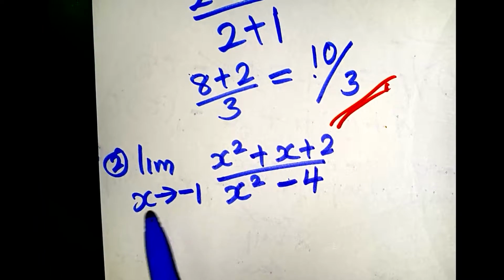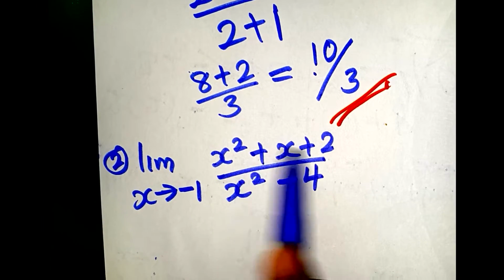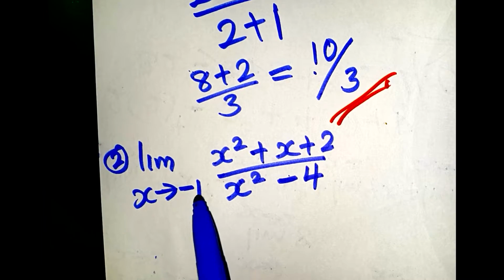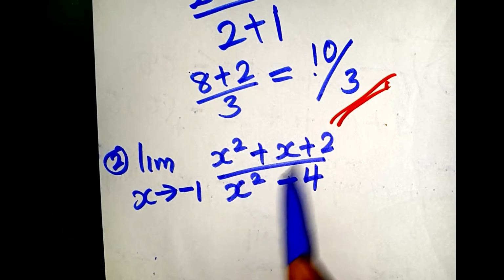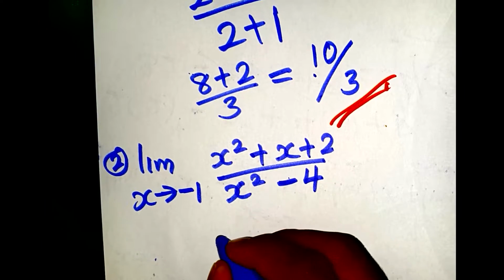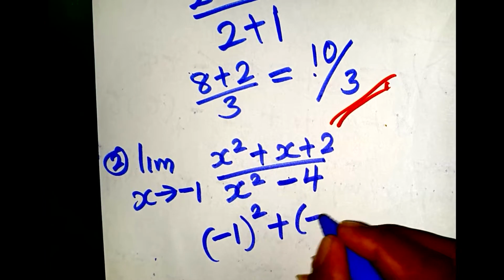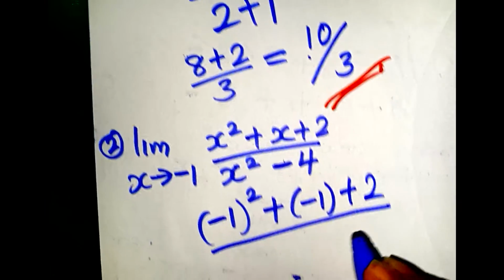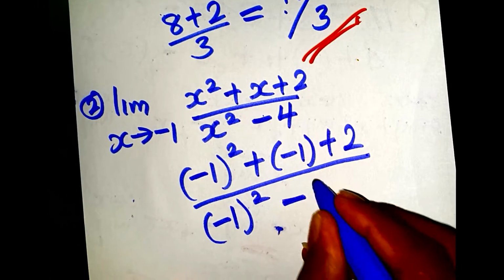Regardless of what x is tending to, even if it is 0, you just have to replace all x with 0. But in this case we have minus 1. X is tending to minus 1, so we have to replace all x here with minus 1. So we have minus 1 squared plus minus 1 plus 2 all over minus 1 squared minus 4.